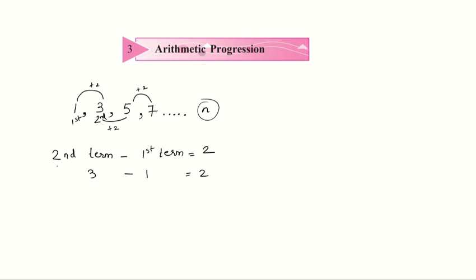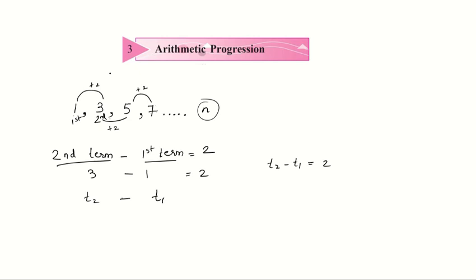So every time we can't write second term and first term. Instead of this, we can write T1, and instead of second term, we can write T2. So that is nothing but T2 minus T1. We are getting 2 for this sequence. It is only for this sequence that I am explaining it.